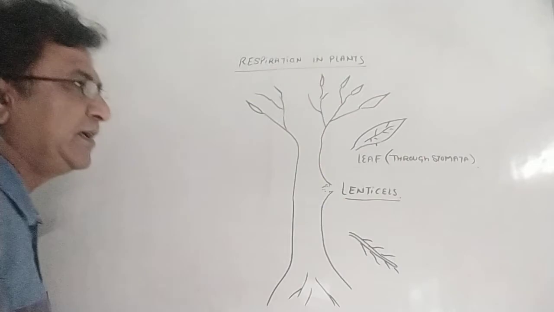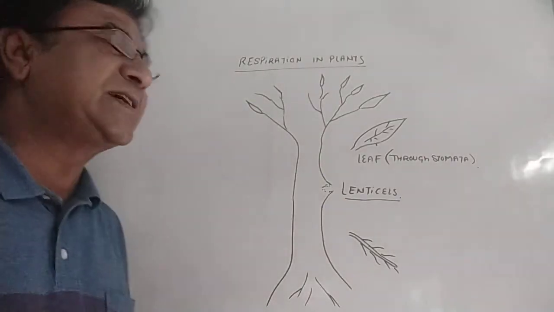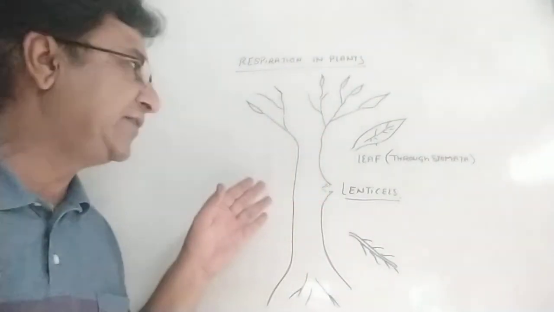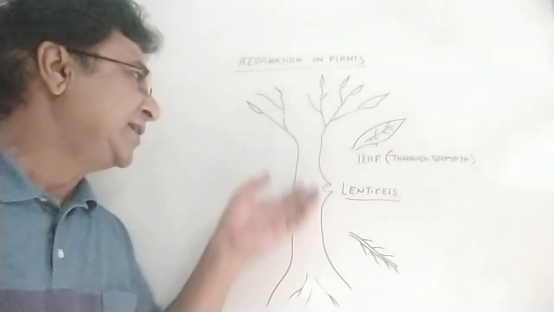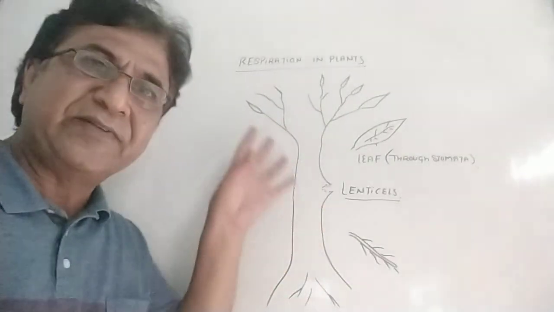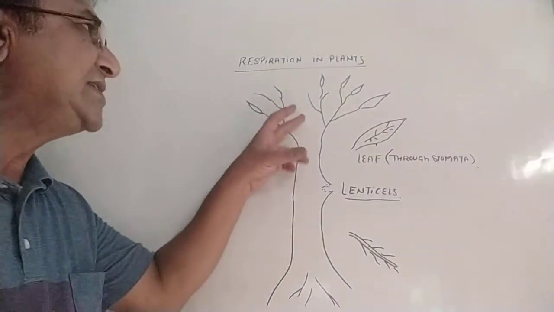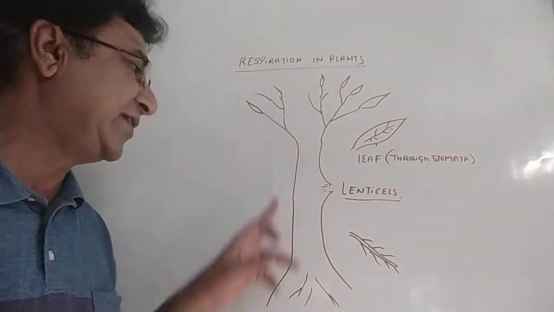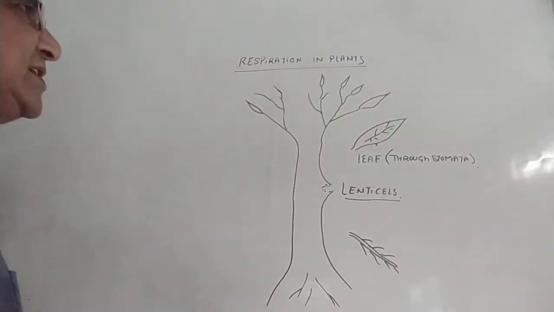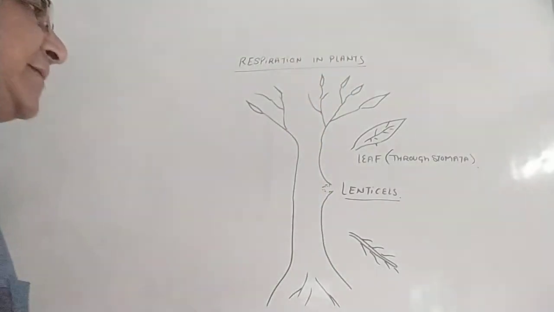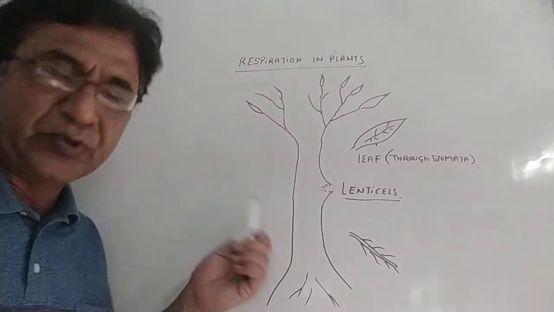There is a very rare chance that gaseous exchange takes place between one part of the plant and any other part. Leaves will never give to the stem, and the stem will never give to the roots. They respire on their own, so gaseous exchange is independent. Every part is doing it on its own.